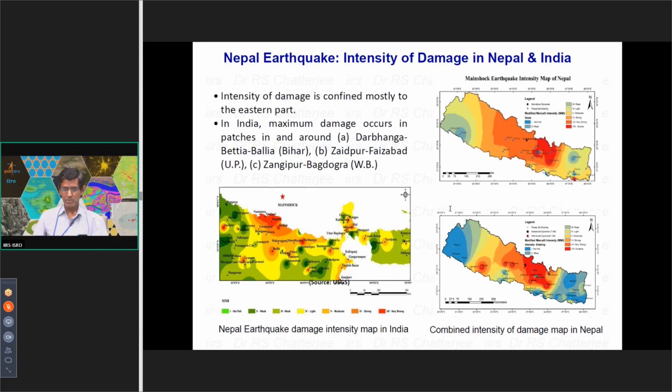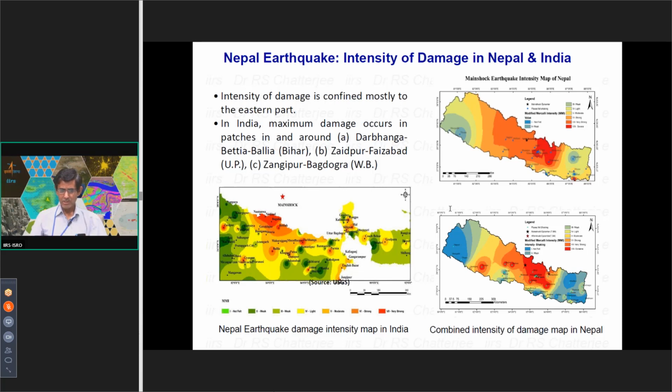And most interestingly, this damage took place on the foothill side of the earthquake. The fault responsible for this earthquake is related to the Main Central Thrust. So it is observed that most of the damage took place on the footwall side. But in general, maximum damage takes place on the hanging wall side. That is also very interesting in this particular case.